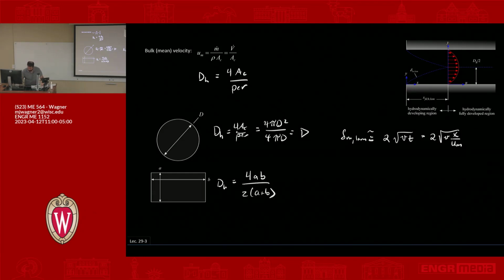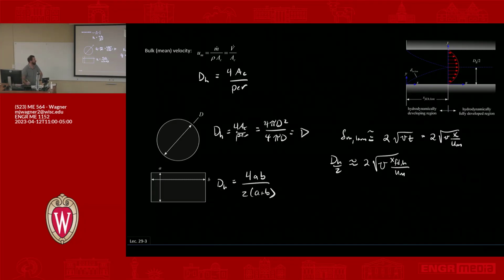Let's keep moving. What we want to do is figure out this entry length. Using this model, and noting that our boundary layer growth is about d_h over 2, that's about our delta_m laminar, which equals the right-hand side. So d_h over 2 is approximately 2 square root of nu times x_fd,h over u_m.